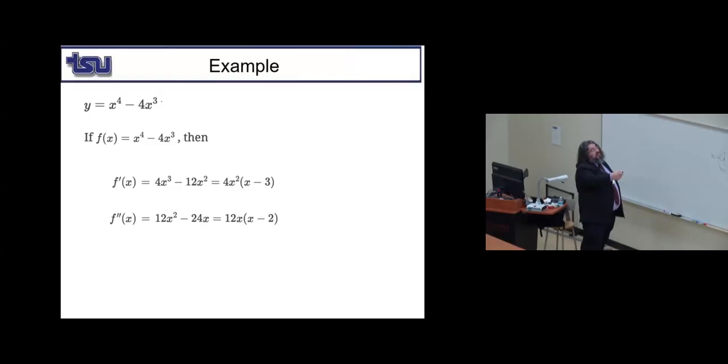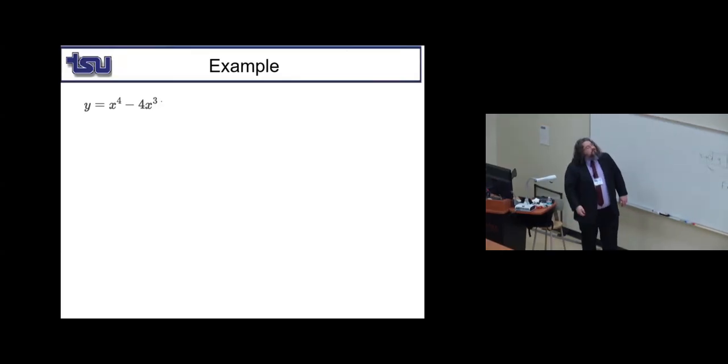Derivative of 4x cubed is 12x squared. Bring the 3 down in front, decrease the power by 1. And then the second derivative, I just apply the same power and constant multiple rules. Derivative of 4x cubed is 12x squared. Derivative of 12x squared is 24x. And I've got f prime of x and f double prime of x here.